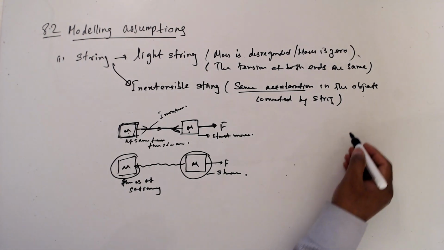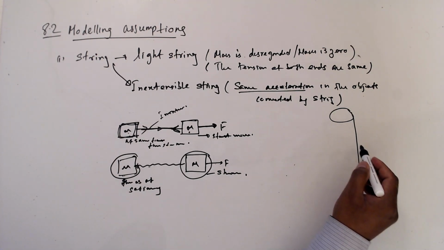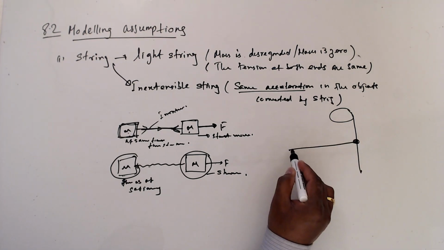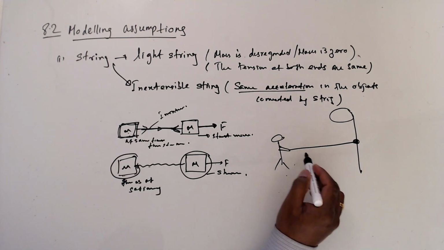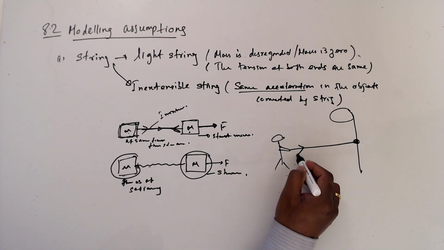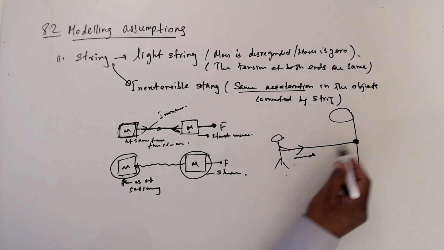If you want to feel it, go to a baseball court, tie a rope, and try to pull it. You feel that you are pulled by the rope towards this direction when you try to pull the ball.